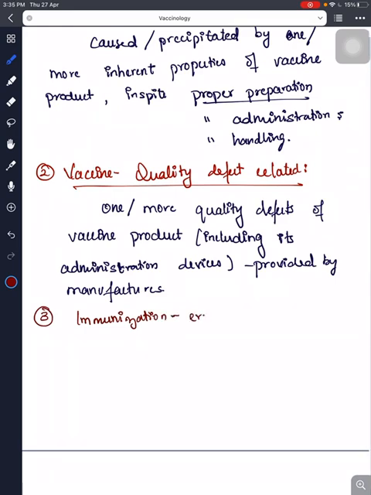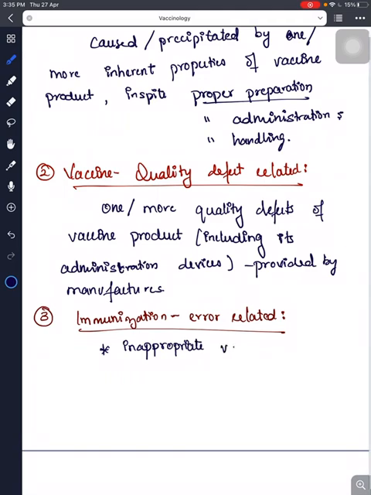Third one is immunization error related. This should be a completely avoidable one. Why? Because this is mainly because of inappropriate vaccine handling, prescribing and administration. Inappropriate vaccine handling can be due to cold chain defects. If the cold chain is not maintained properly, you can have this type of AEFI.